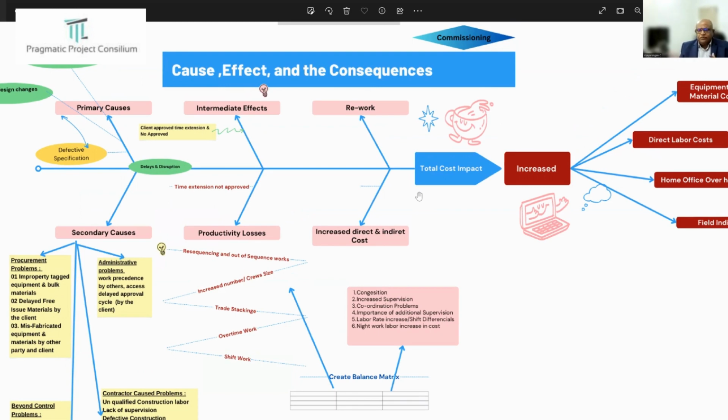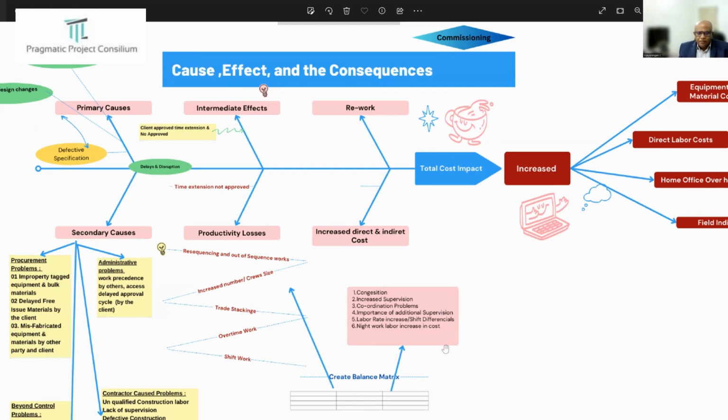Then the increased crew size: because of changes in the construction or procurement activities, the contractor wants to accelerate the program and therefore increases the number of crews at site. Trade stacking also arises, where they must decide where to keep the material, because it is important to bring the material at the right time. And overtime work, because of day and night shifts, people have to be arranged to work at night also. These are the main productivity losses.